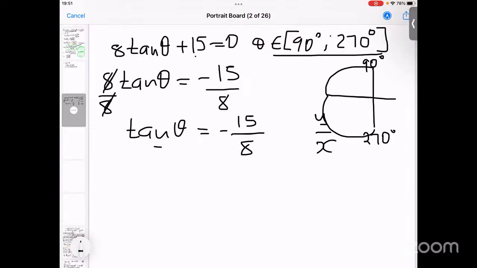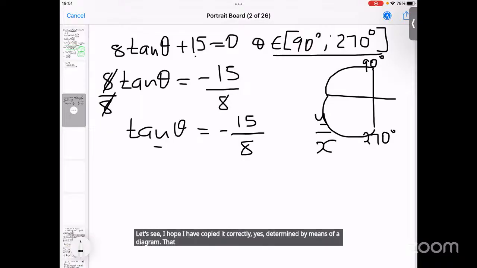Then you will have to choose where the negative goes. Let's see. I hope I have copied it correctly. Yes, 270 determined by means of a diagram. Okay, then it's fine.